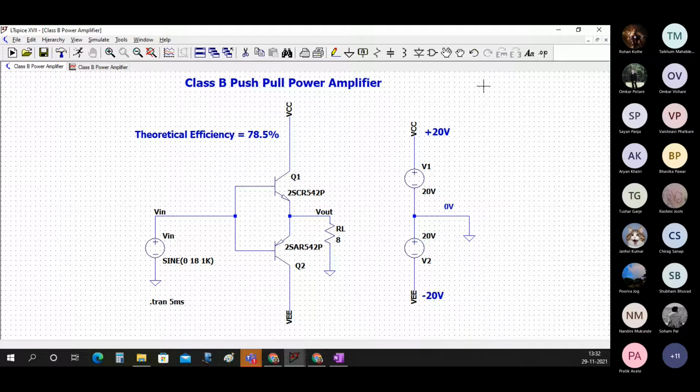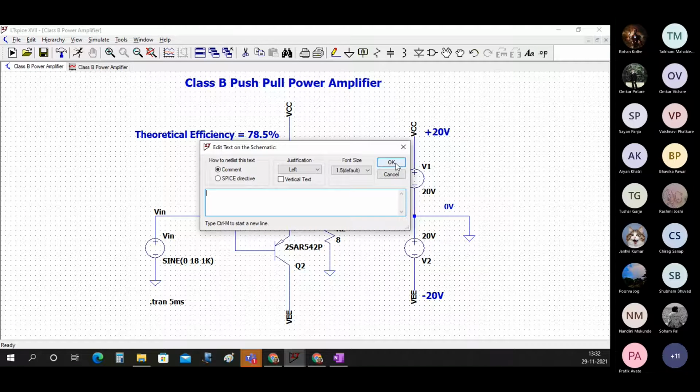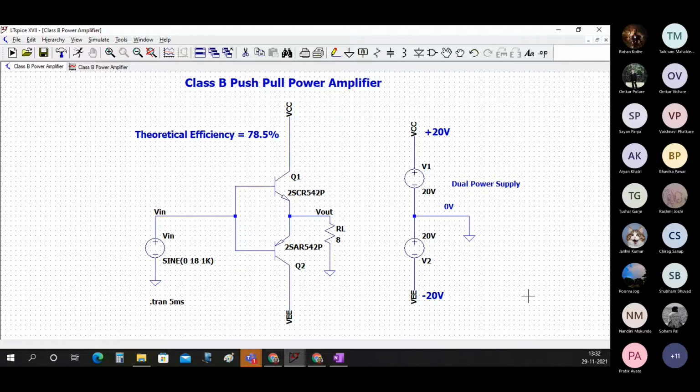So this entire thing is basically a dual power supply, and in the lab when you go, either you can ask for a dual power supply, or if they say it is not available, then you can say give me a normal power supply, but two of them.